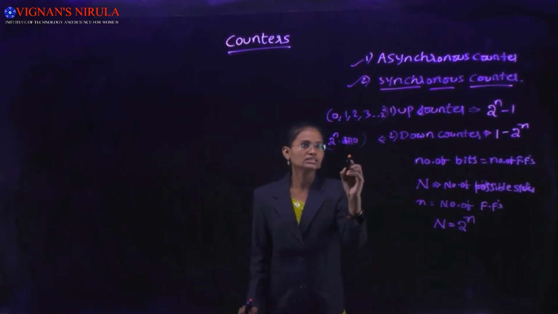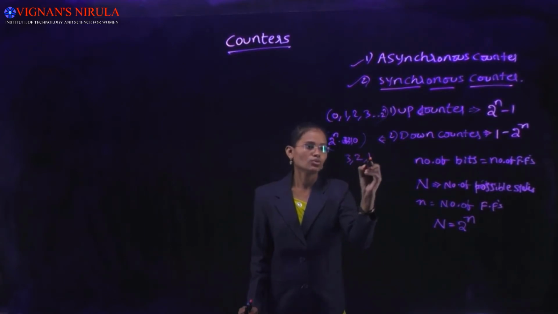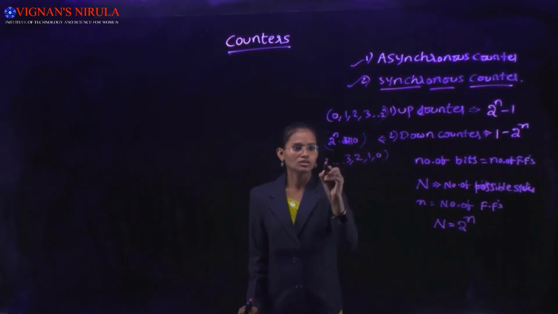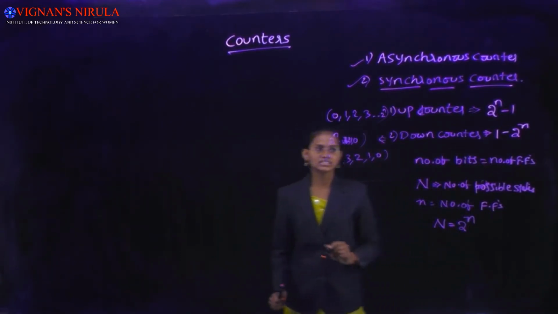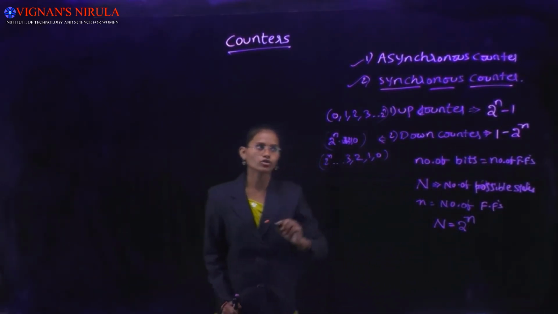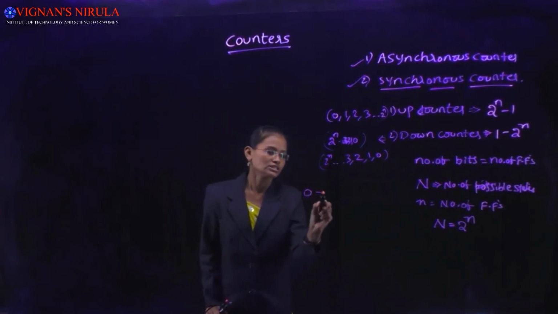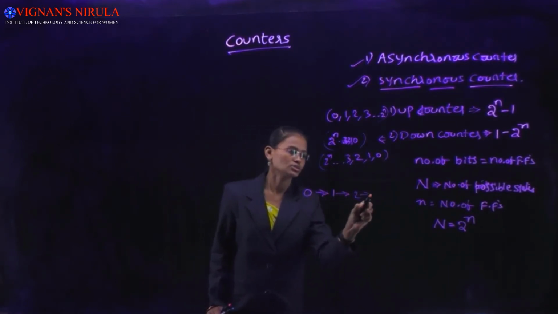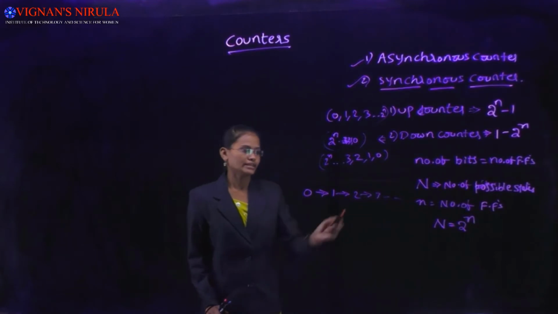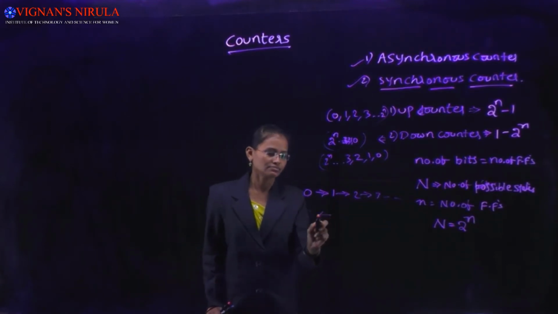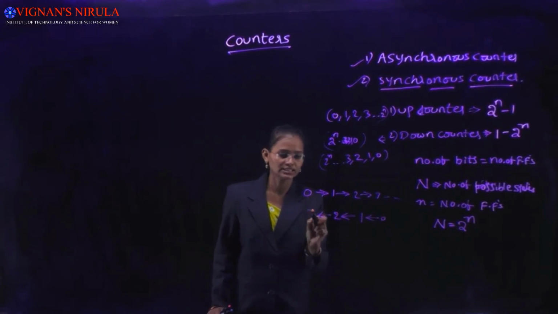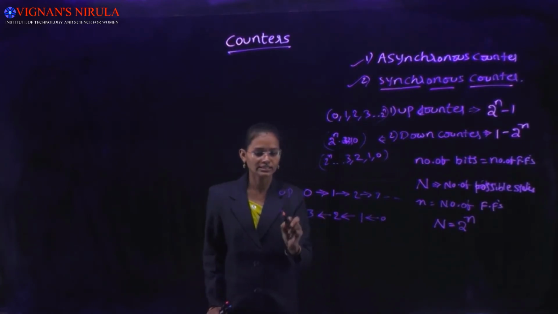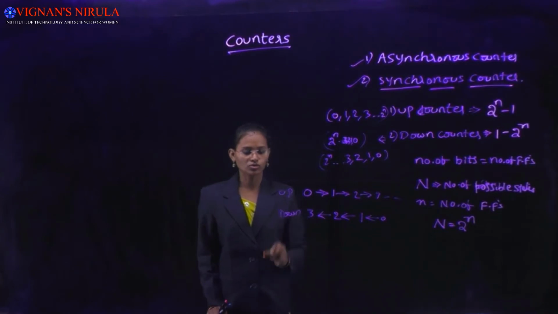This is the up counting and down counting. Up counting is 0, 1, 2, 3 and so on, and down counter is 3, 2, 1 like that.